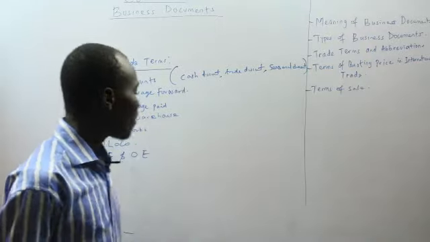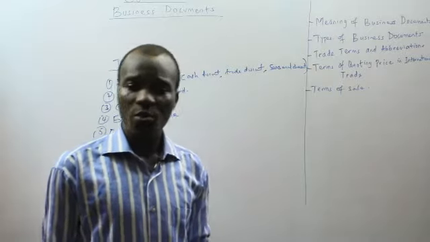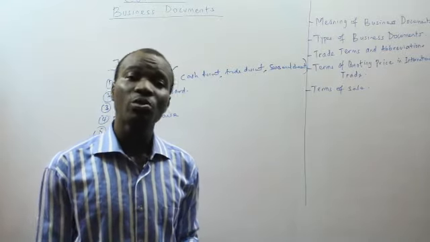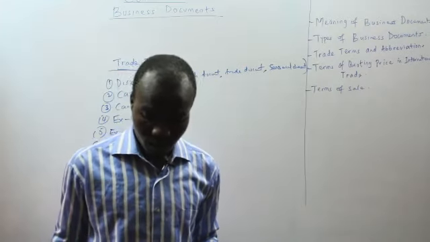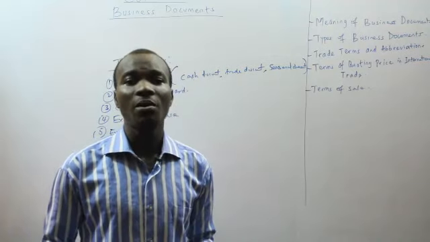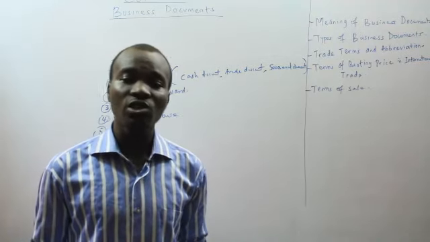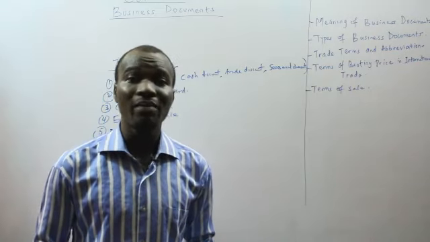The next thing we have is ex warehouse. This is also one of the ways in which price is quoted. It is a price quotation for goods in which the cost of delivery, or the cost of transportation, will be borne by the buyer of the goods.